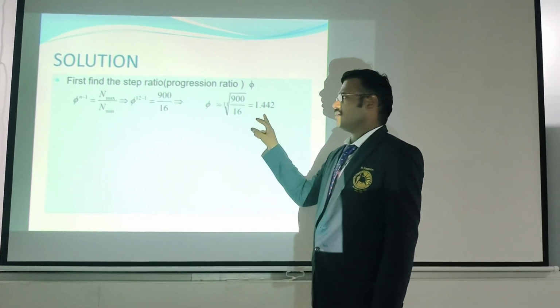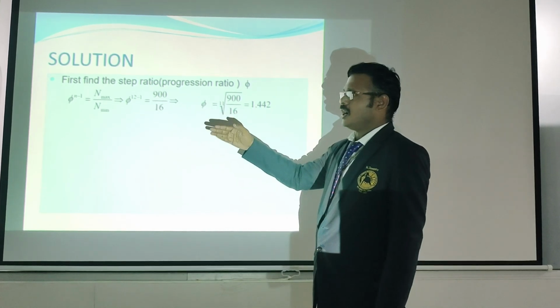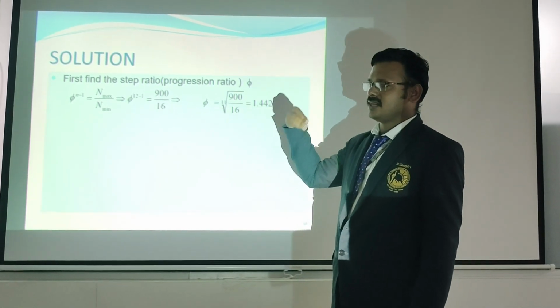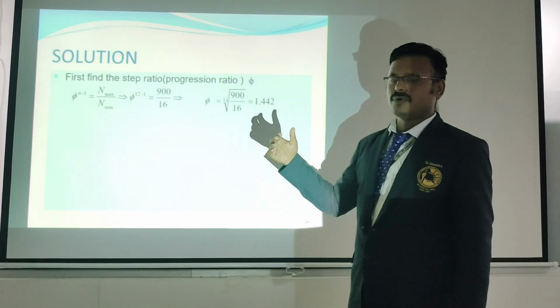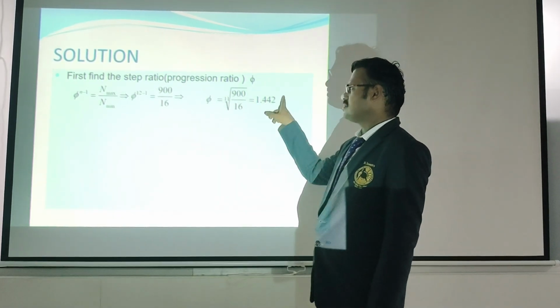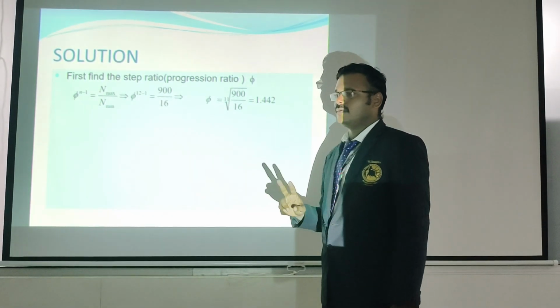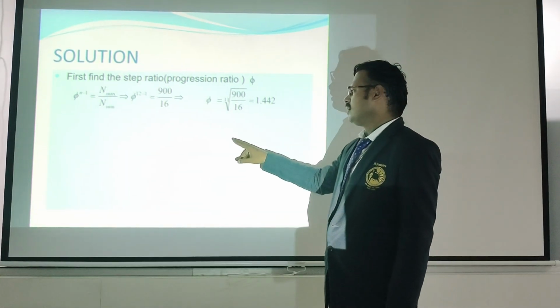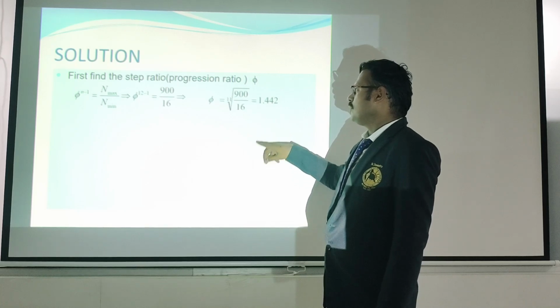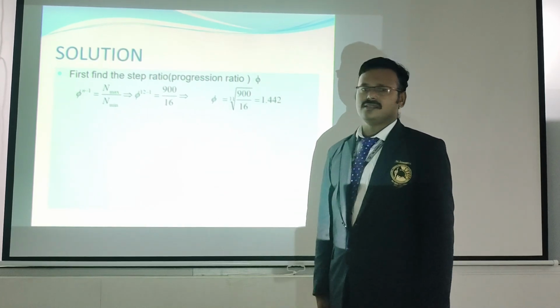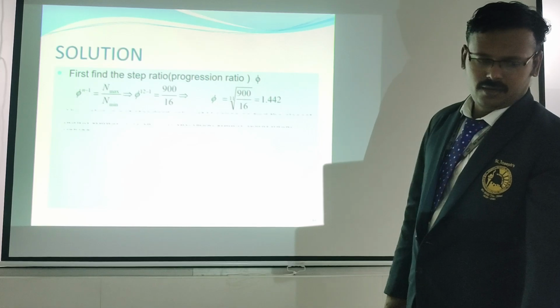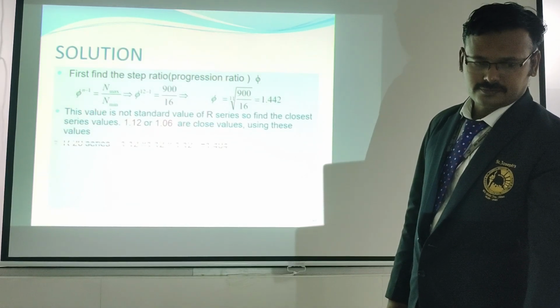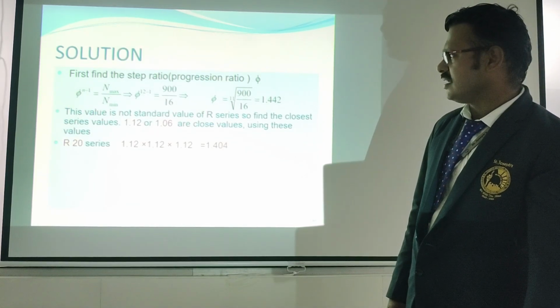Now we need to check with R20 series, R40 series, R5 series. In the data book, whatever series is there, we need to match that value. Otherwise we need to multiply either value 2 times or 3 times or 4 times. If that value matches, then we can take that series. Example, I am taking R20 series.